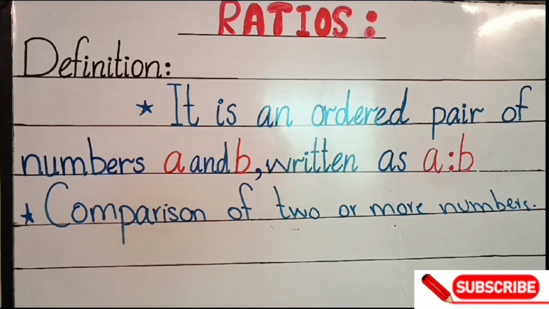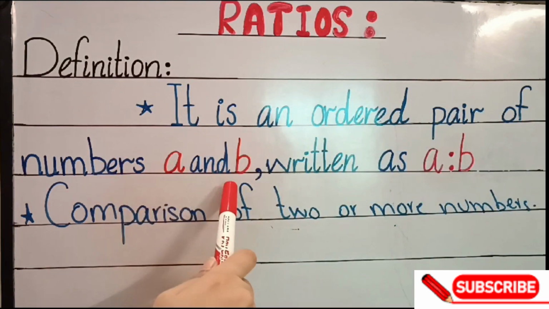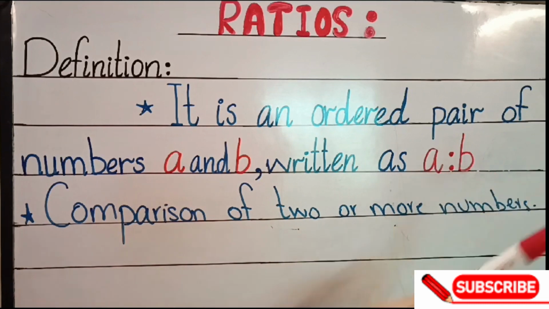So, in a nutshell, a ratio is basically an ordered pair of numbers A and B that is written as A to B or A is to B. Or the easier definition of ratio is comparison of two or more numbers.